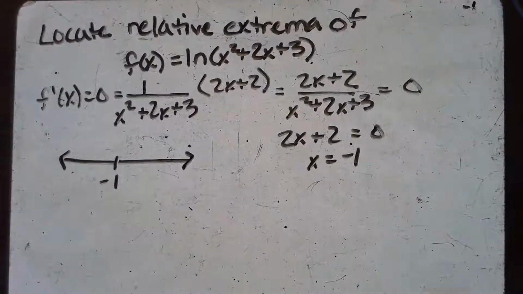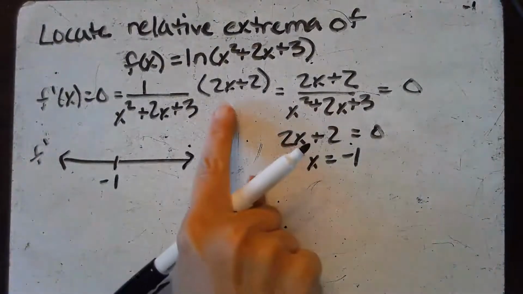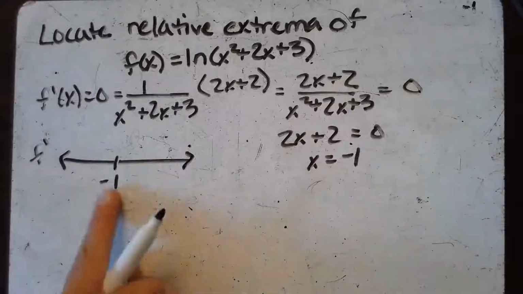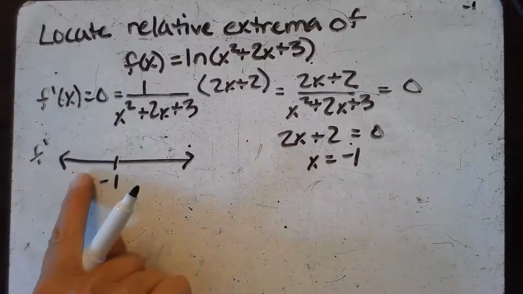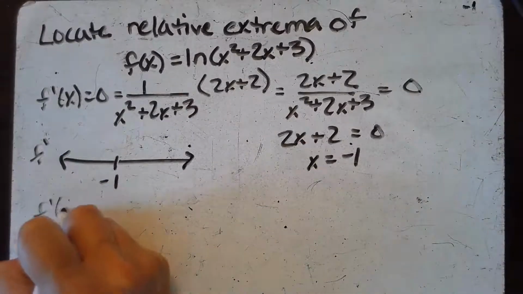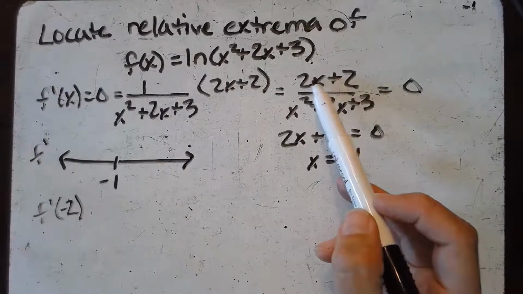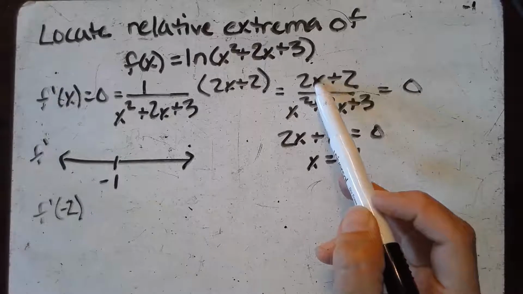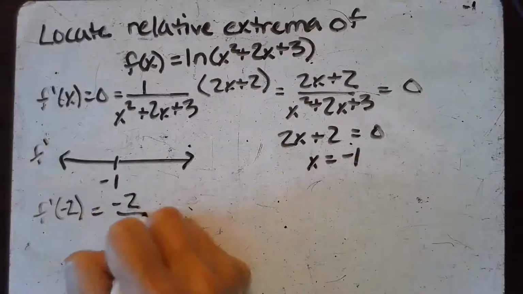When I plug in, say, something on the left, negative 2, if I say f prime of negative 2, so that's negative 2, that's negative 4, plus 2, which is negative 2.